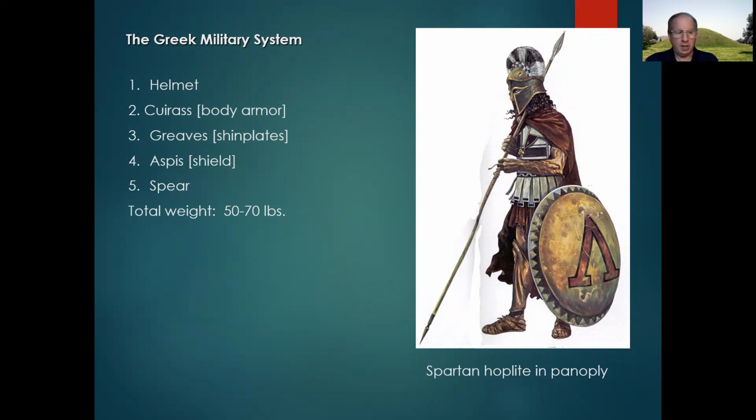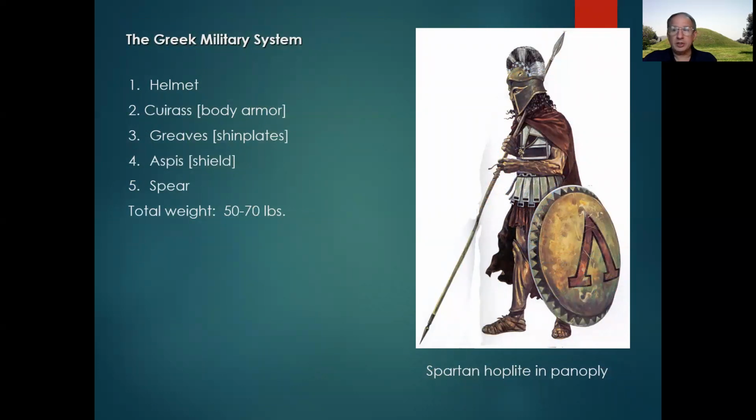The word hoplite comes from the Greek word hopla, which referred to the assembly of armor and weapons. But this assembly is more commonly called a panoply.